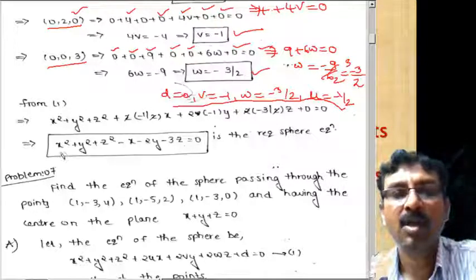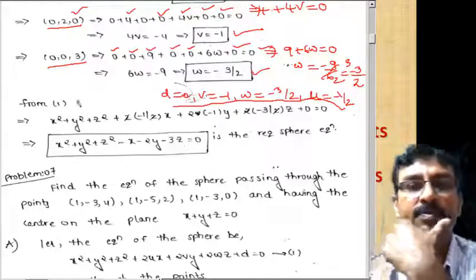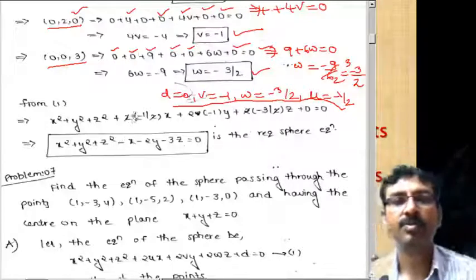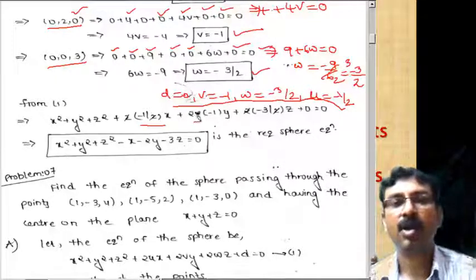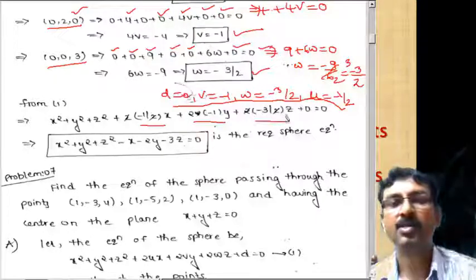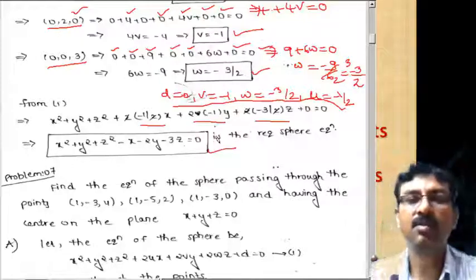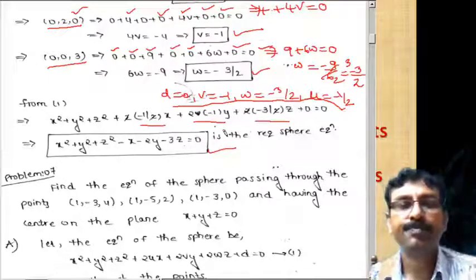Then x square plus y square plus z square minus x minus 2y minus 3z equal to 0. So this is our required sphere.